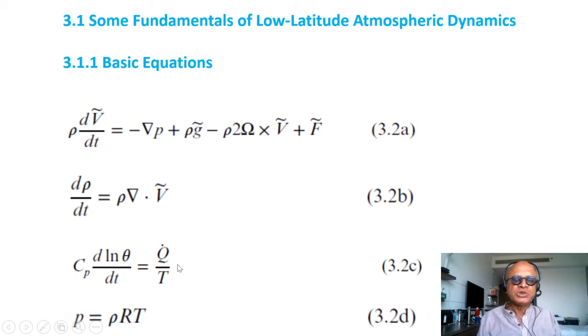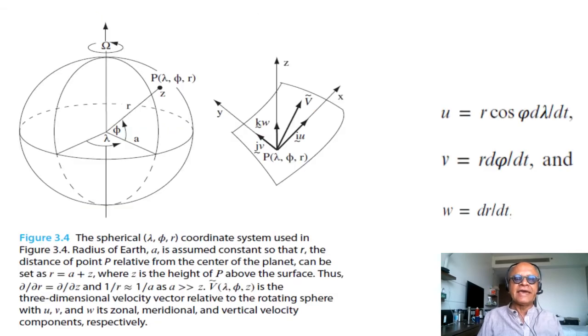The energy equation, of course, relates the diabatic heating to the isentropic potential temperature variability, and the equation of state is P equals rho RT, because dry air and moist air both behave like ideal gases.